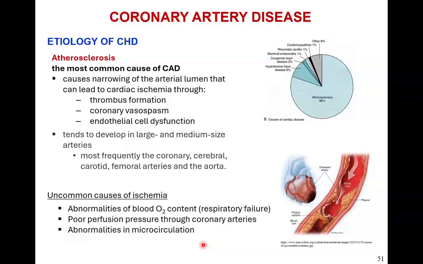So if you've got a respiratory disease, something that prevents you from being properly oxygenated, the heart may experience that as ischemia. But this is where we're going to be focusing our attention.